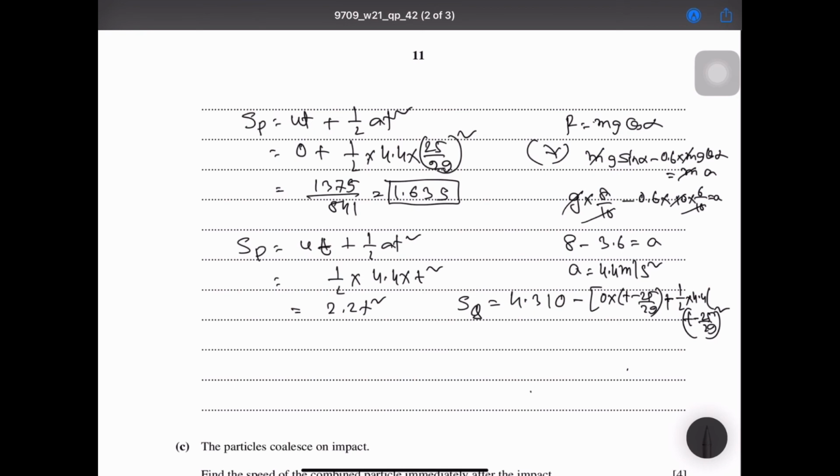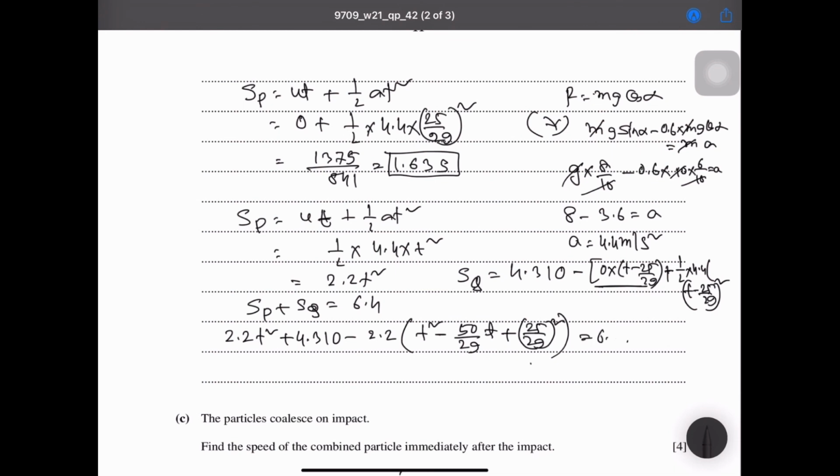So now the total distance is SP plus SQ equals 6.4. So let me write here 2.2 t square plus 4.310 minus, that part will be 0, minus 2.2 t square minus 2.2 times 50 by 29 t plus 25 by 29 squared. Then let us simplify, equals 6.4.